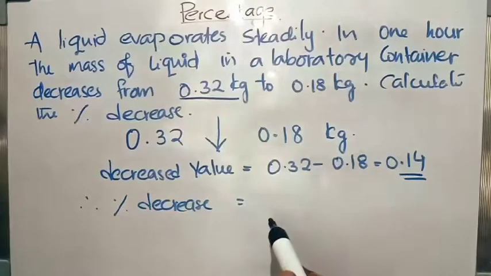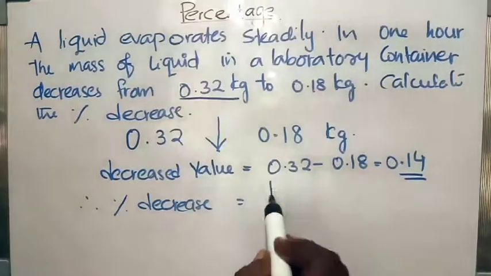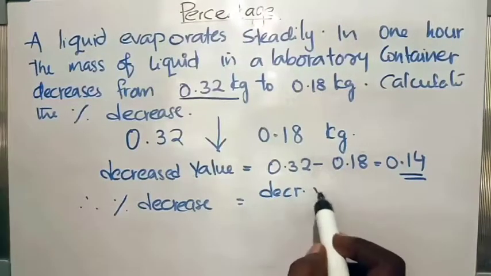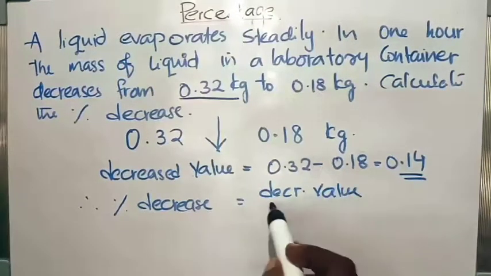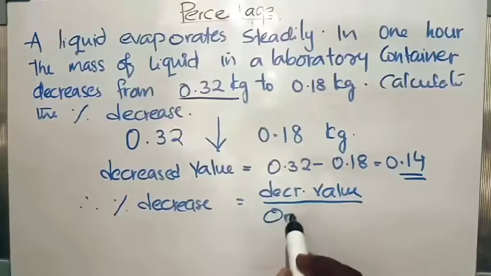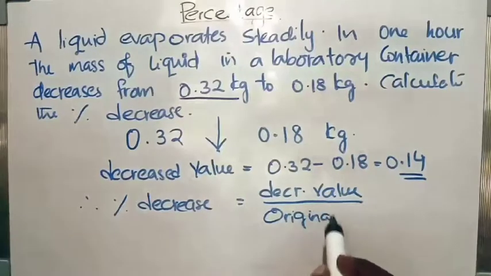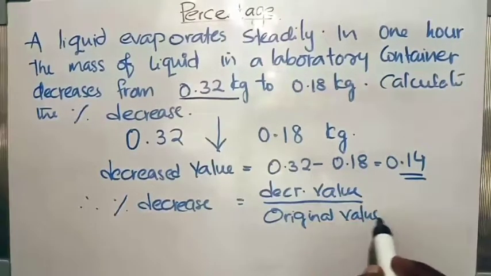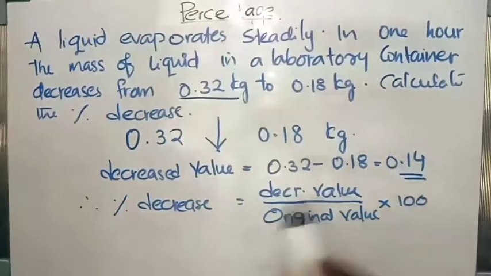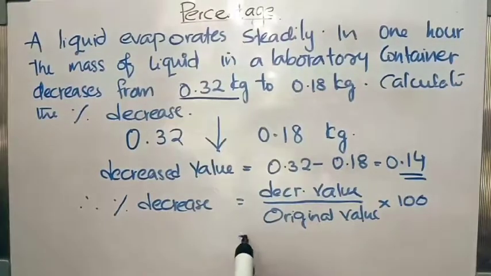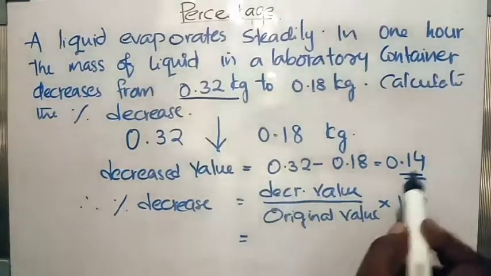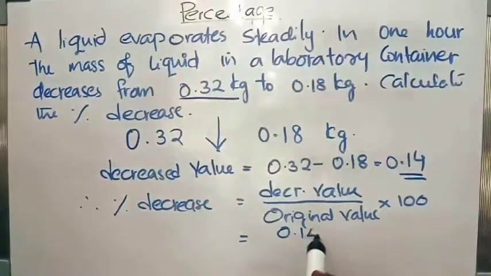You just tell yourself. Yes, decreased value divided by original value multiplied by 100. That's equal to the decreased value, 0.14, divided by the original value.